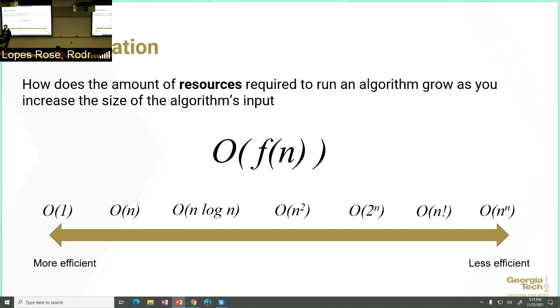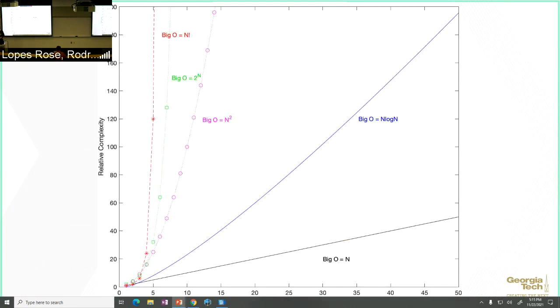So just a quick visualization of what this actually looks like. Over here on the x-axis, we have input size. And on the y-axis, we have sort of the relative complexity based on that input size. So notice how for an algorithm that's O of n, complexity just increases linearly with the input size. N log n, okay, it increases a lot more.